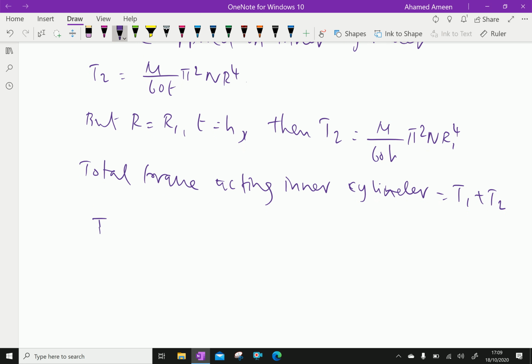Therefore T equals T1 plus T2, that is 2 pi mu omega h R1 squared R2 over R2 minus R1 plus T2.